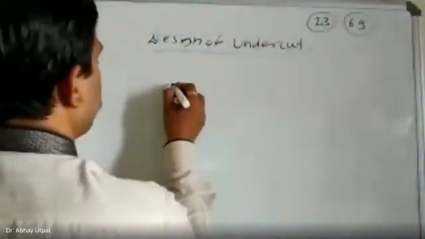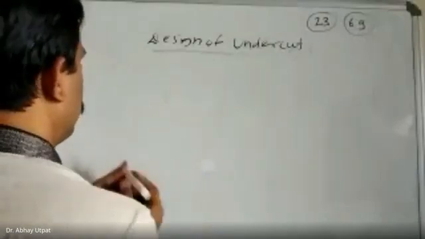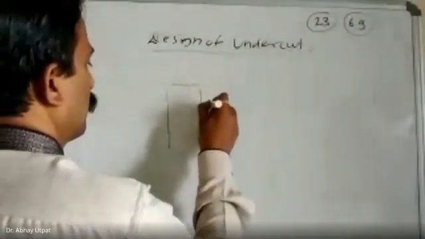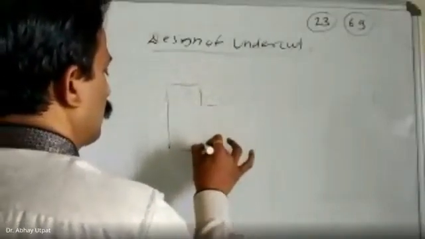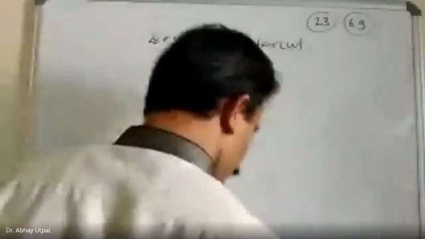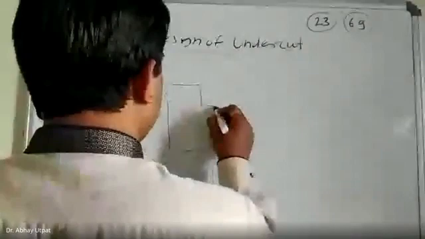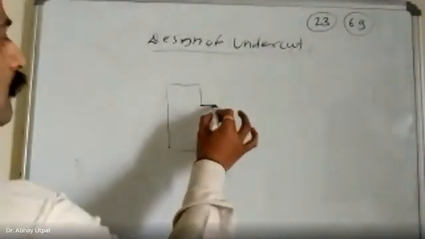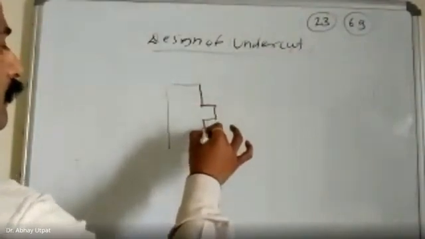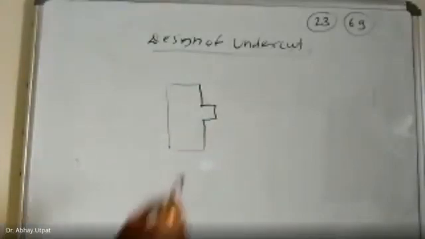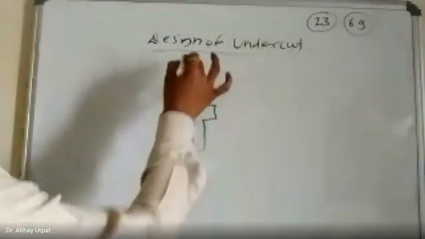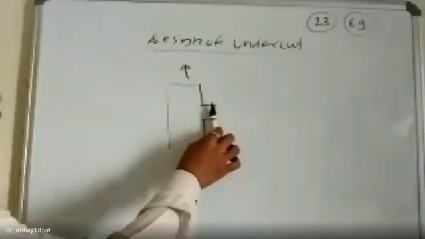For example, now see this figure. If you are going to remove it in this direction, in the vertical direction, this part is called an undercut.